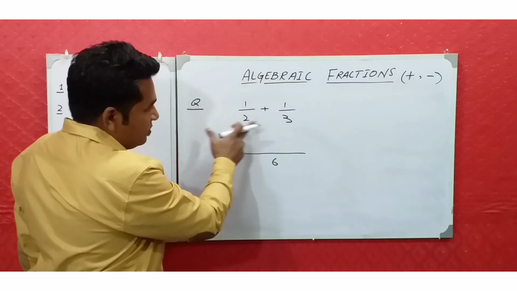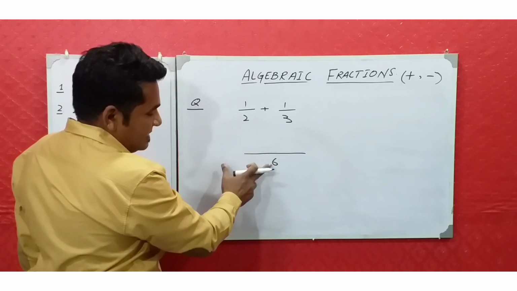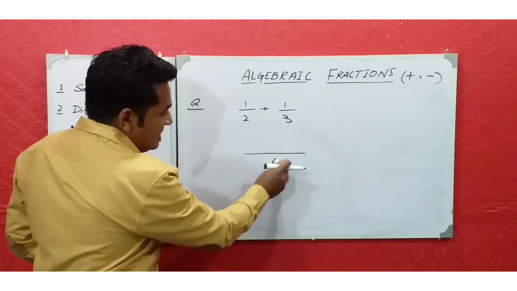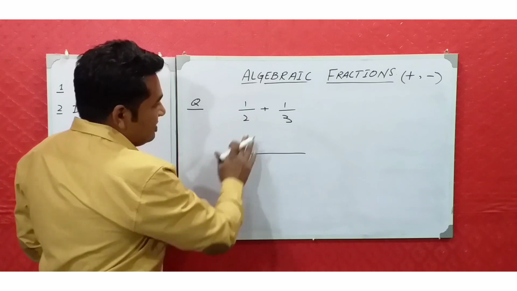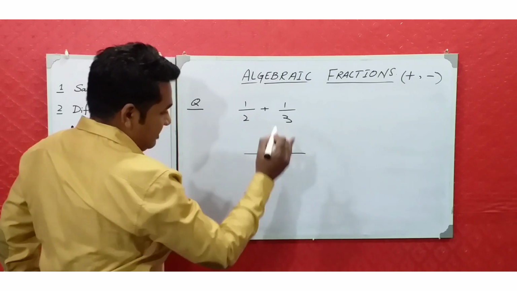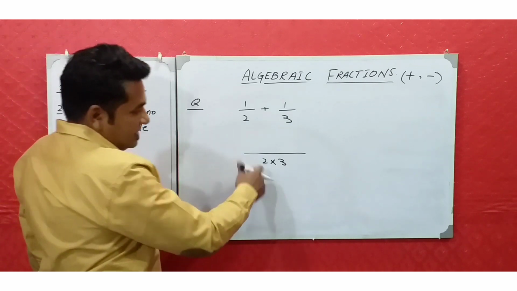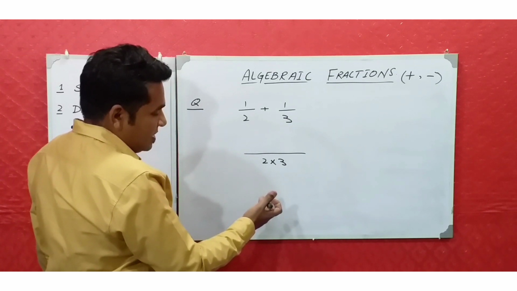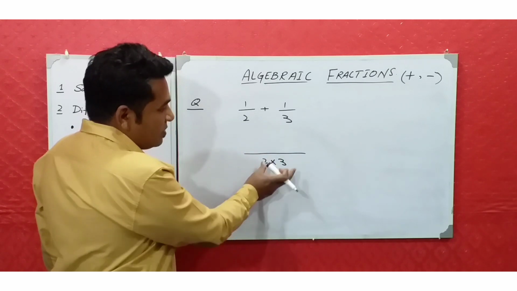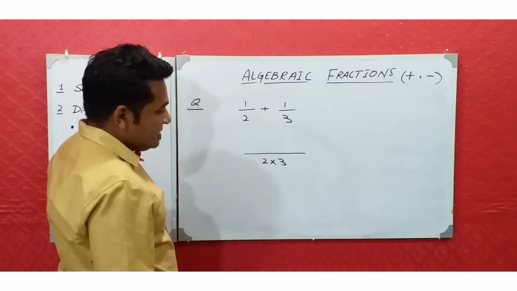You can see 2 3s are 6. 6 is the LCM. If I write 6 as its prime factors, 2 times 3, this is again 6. Whether we write the number 6 or write it as 2 times 3, it's the same.